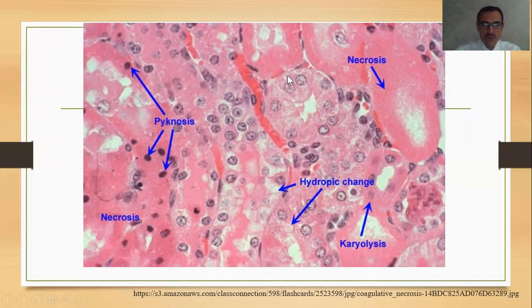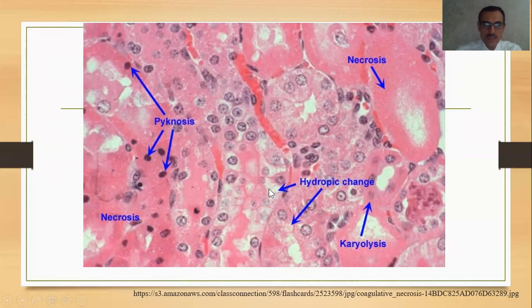Here we see, for example, normal epithelial cells of the renal tubules, the covering epithelium of the renal tubules. Here is the basement membrane. Here are the cell nuclei, the cell borders, the cytoplasm, cytoplasmic structures.